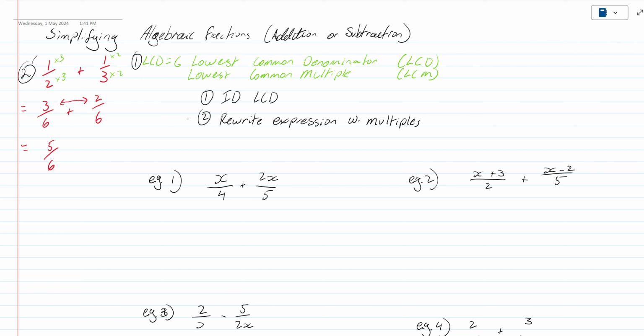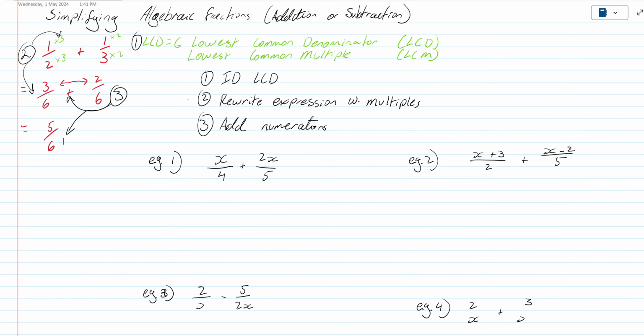So we added in the multiples here. And then the third step is to add the numerators, and we did that here. Add the numerators, and that gave us our answer.